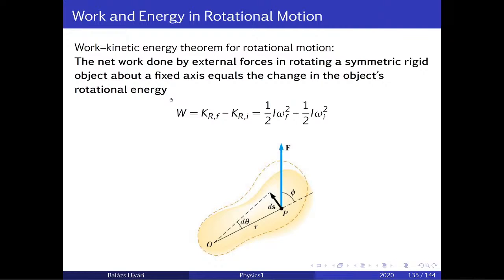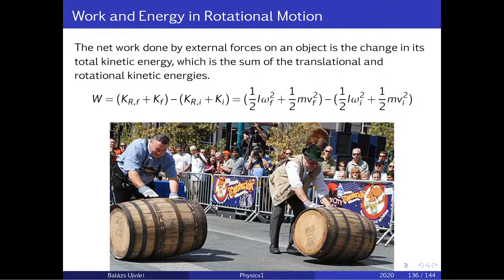In this case, the work, which is energy transfer, will increase or decrease, depending on the sign of the work, the rotational kinetic energy. If, like on this picture, this barrel can also translate and rotate, the work done by these people will change the sum of the rotational and translational kinetic energy. So the 1 over 2 I omega squared plus 1 over 2 m v squared.